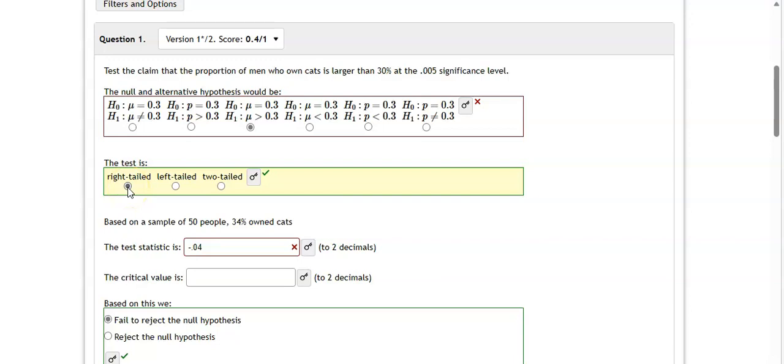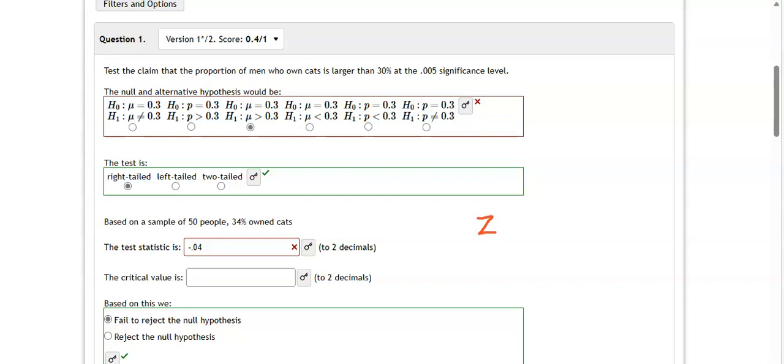Let's look now at doing our test statistic. Let me write down the test statistic for you.